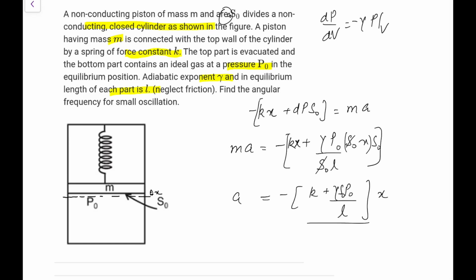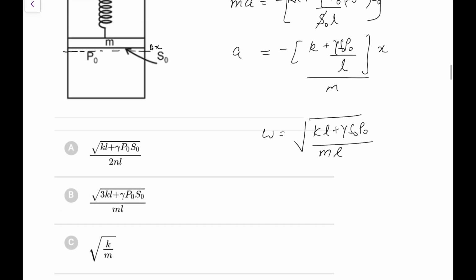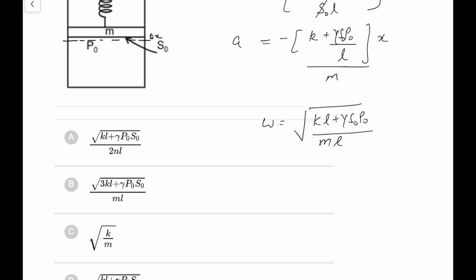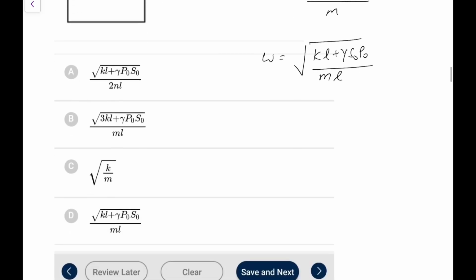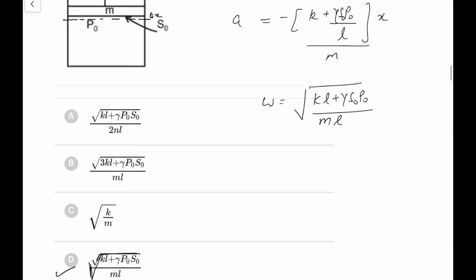So this is acceleration times m, so you can directly get omega, which comes out as root of kL plus gamma S naught P naught upon mL. Going by the options, this mL I think would be in the root itself, it cannot be outside the root, so there is some printing error, I suppose. Here it should be a complete root, that is what I feel, because otherwise it is not coming out. So this is option D here.